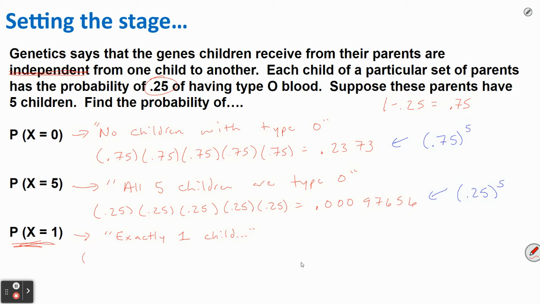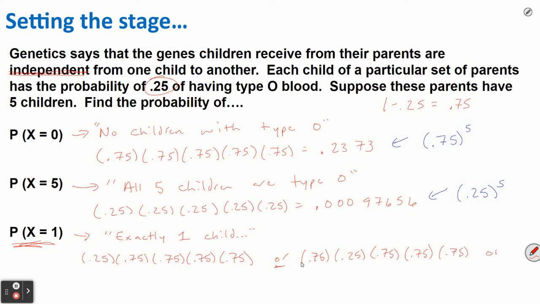We could do 0.25, so that's one, and then the rest of them do not have type O blood. Or, big emphasis on that word or, we could have first child no, second child yes, third child no, fourth child no, fifth child no.